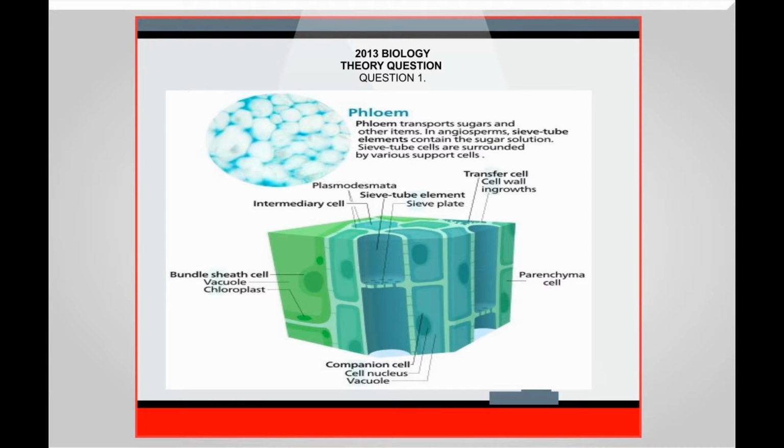You can see the diagram clearly stating the phloem and the transfer cell's wall, the ingrowth, the plasmodesmata, the intermediary cell, the sieve tube element, the sieve plate, the bundle sheath, the vacuole, the chloroplast, the parenchymal cell, the companion cell, the cell nucleus, and the vacuole.